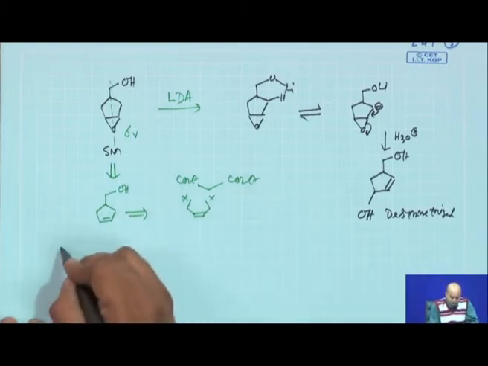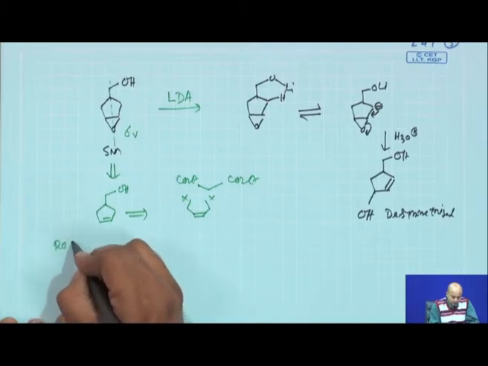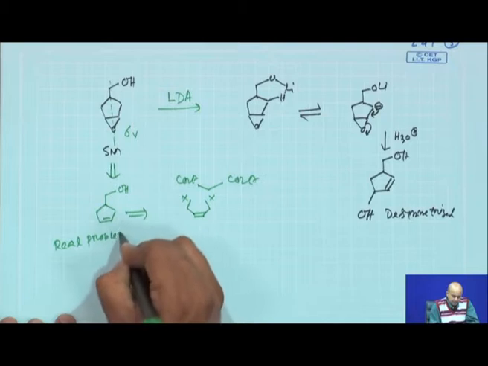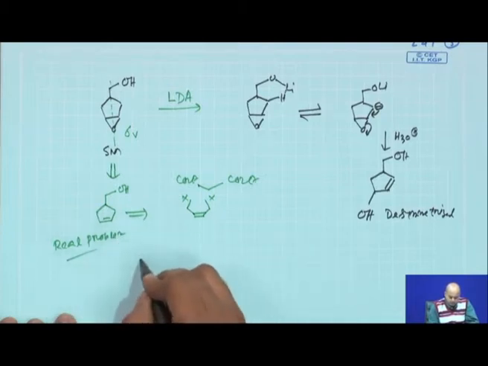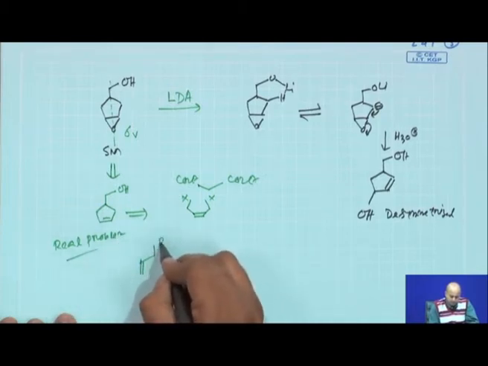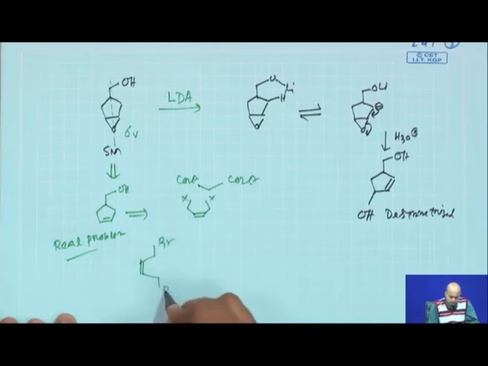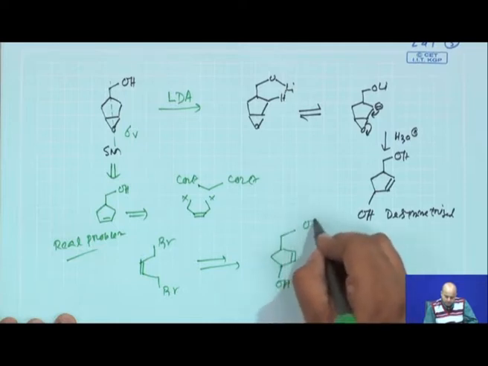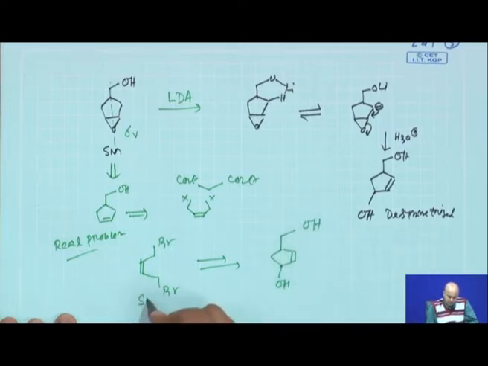So, a real problem based on this desymmetrization could be something like this. I say you start with this bromide, how you can make this particular compound. Starting material and your target.